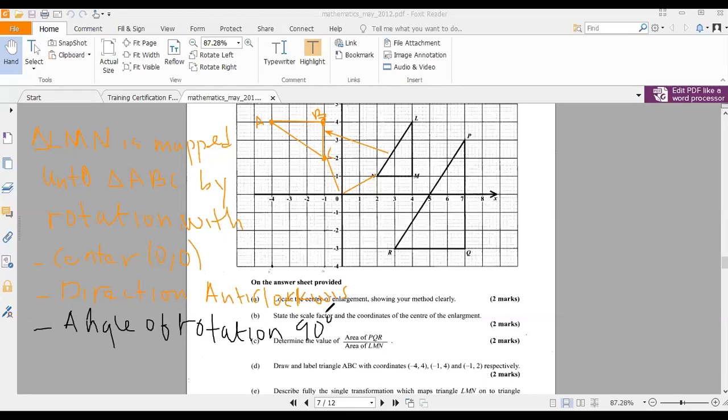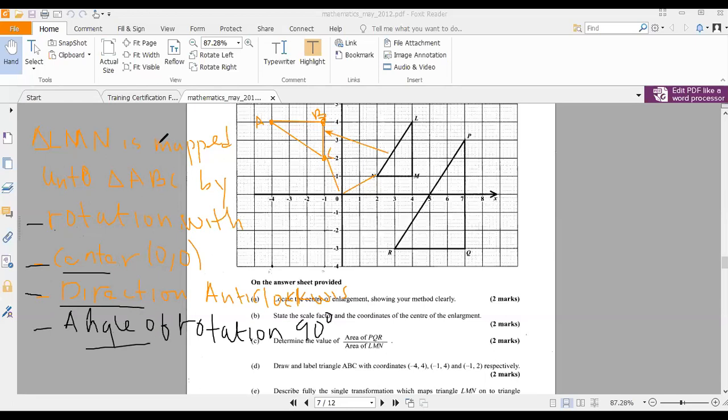So always remember, guys, if you are describing any rotation, you should give these three elements. You should talk about the center, the direction, and remember to talk about the angle. Those three things, then you get your full marks. All right.